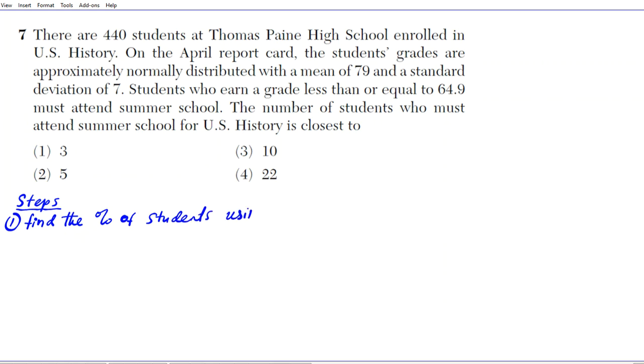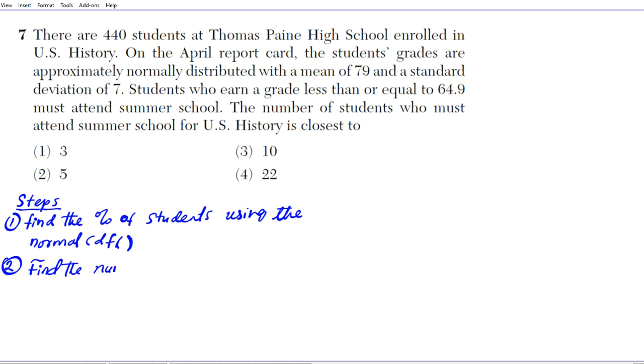We're going to be using the normal cumulative distribution function on our graphing calculators. Alright, so after we use our calculators to determine that percentage value, we're then going to proceed to find the number.